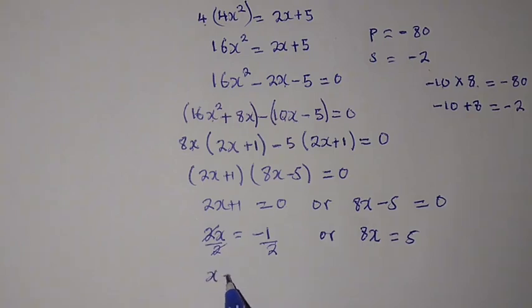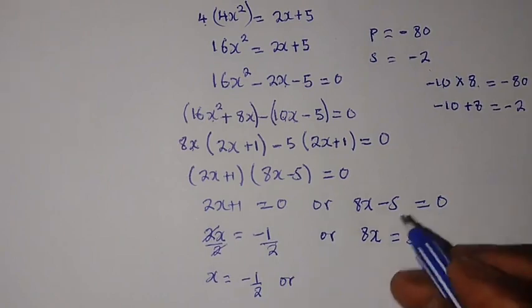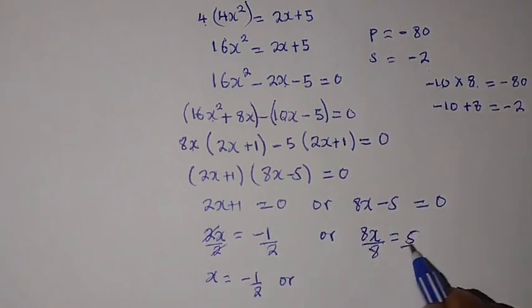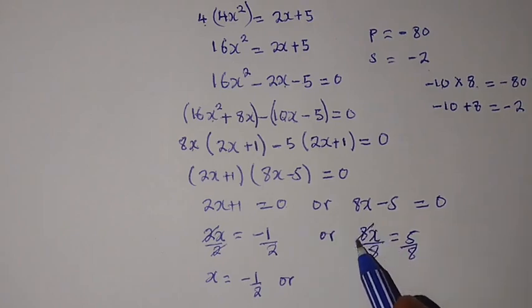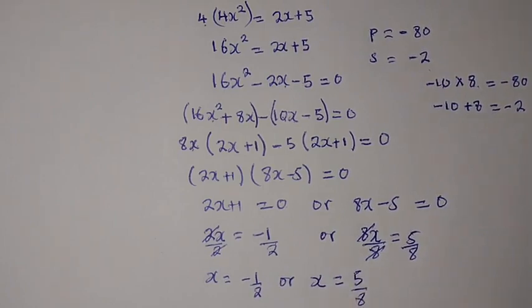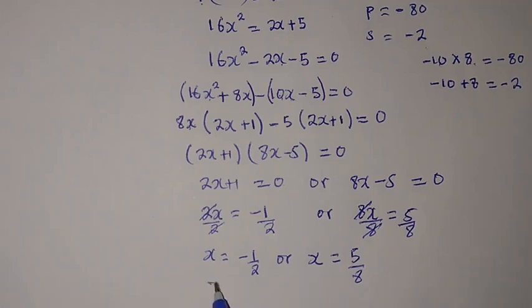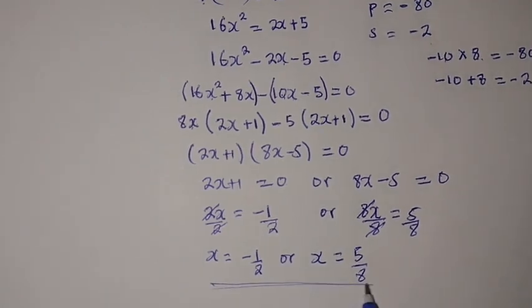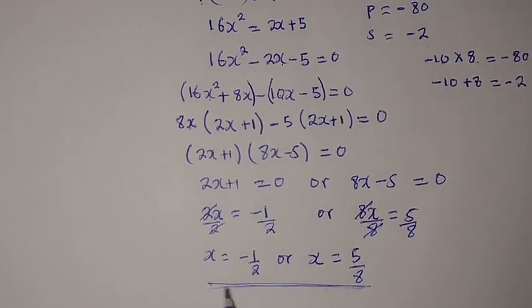We say x = −1/2, or even here we divide by 8, even here by 8. So you can cancel this and this, or x = 5/8. So these are the two possible values of x. x = −1/2, or x = 5/8.